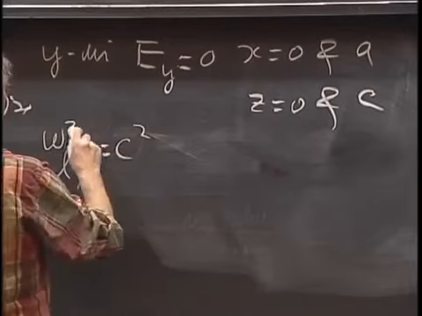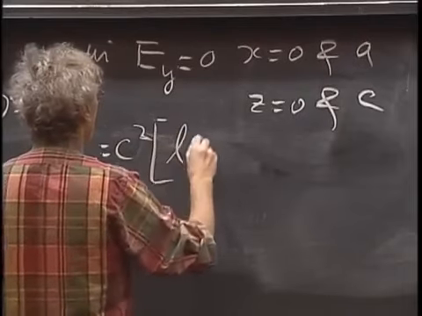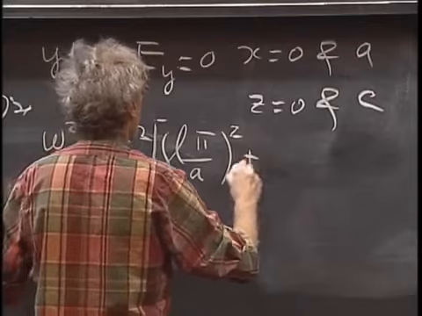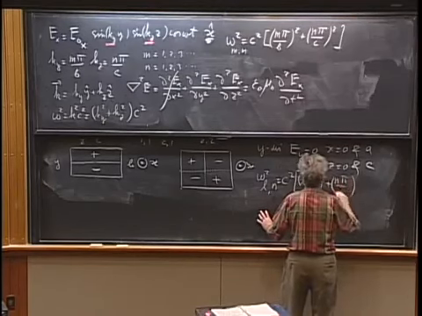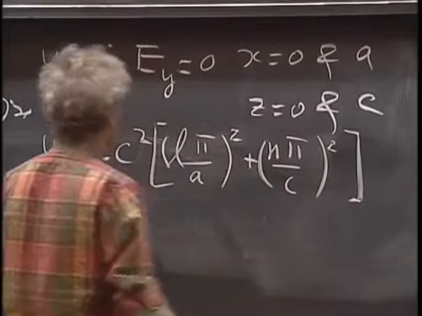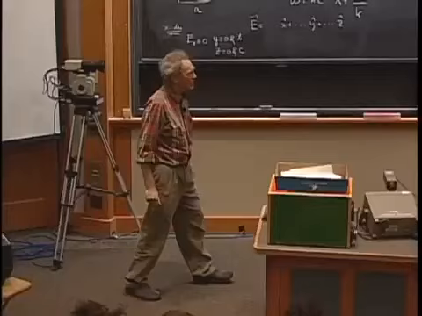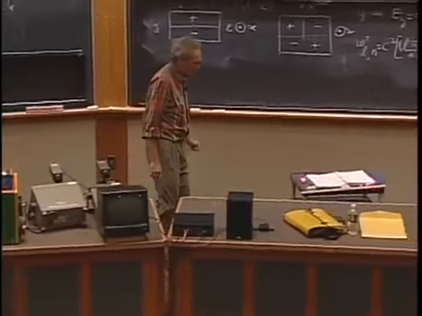I will do it in terms of squares, and then I will get lion pi over a squared plus Nancy pi over c squared, and that's it. So now I have another infinite family of values from L as in lion, N as in Nancy, which give me the resonance condition in the y direction.